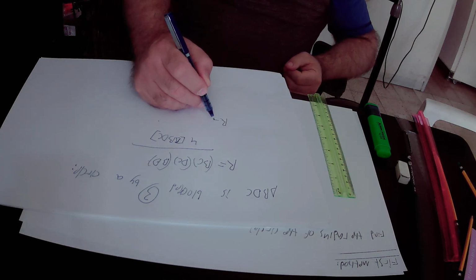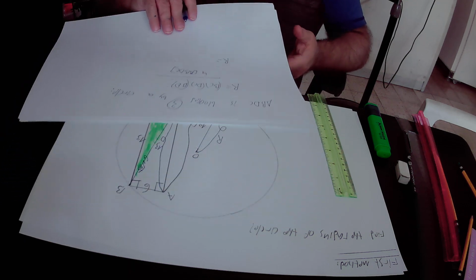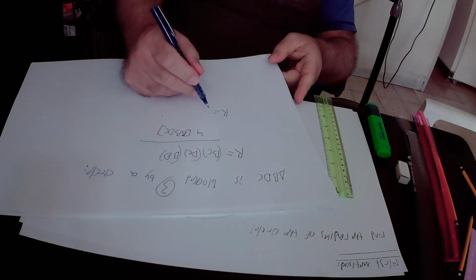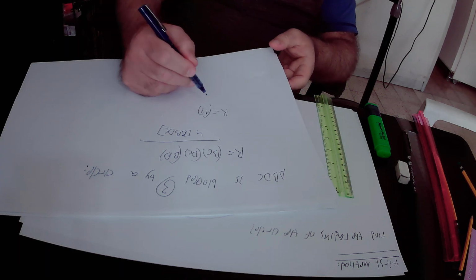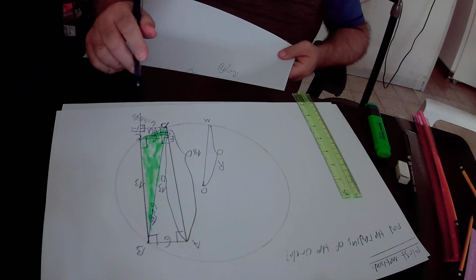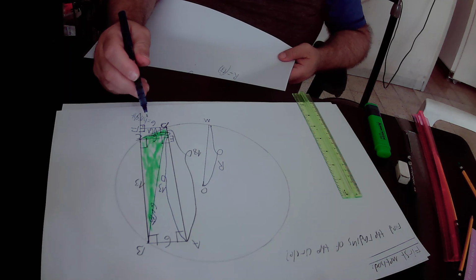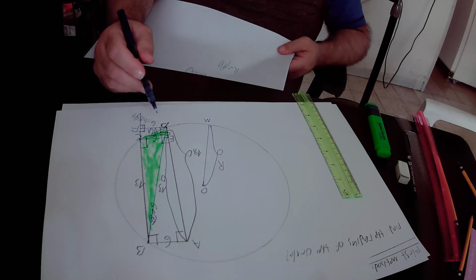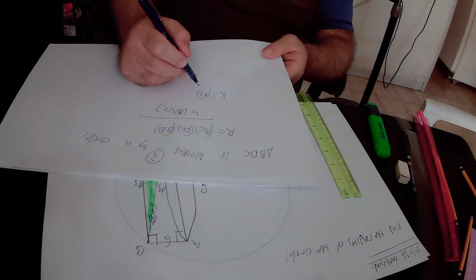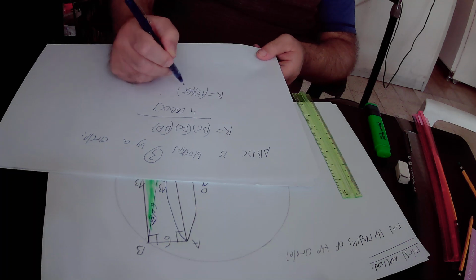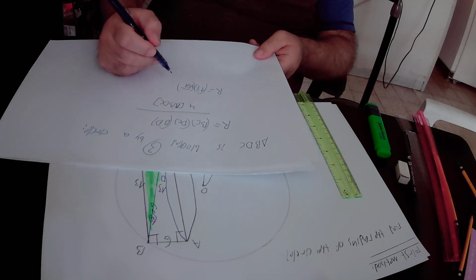So capital R equals BC. BC equals 13 units, according to what is given in the question, times DC. We have already found out that the length of side DC of the triangle BDC equals the square root of 61 units times BD.